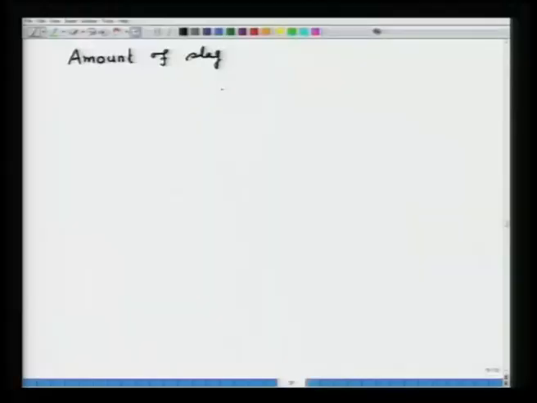So, seeing the problem and looking into the introductory remark of my lecture on cupola melting, the slag in this situation will consist of SiO2, MnO and FeO. So, we have to calculate now.